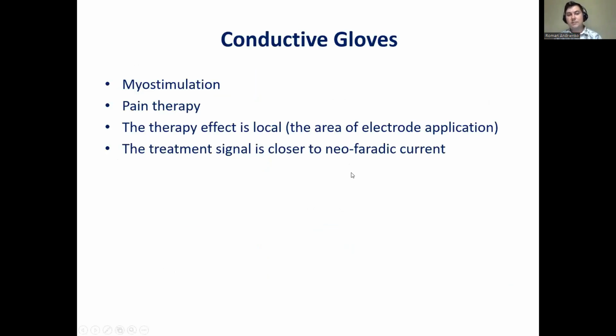Plus, we have the conductive gloves. I hope you already understood in which situations they are great: for myostimulation, for pain therapy, for local therapy effects, and when the treatment signal is closer to near phoretic current.